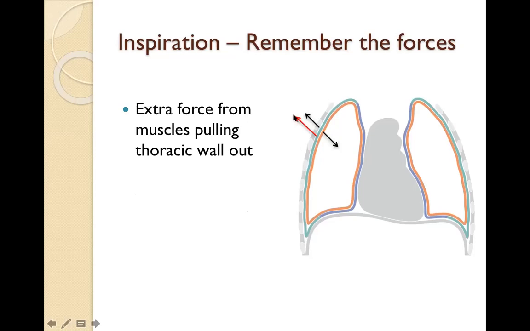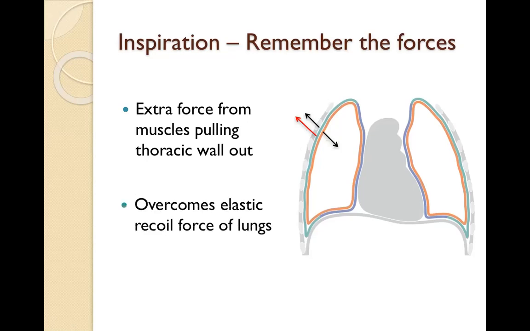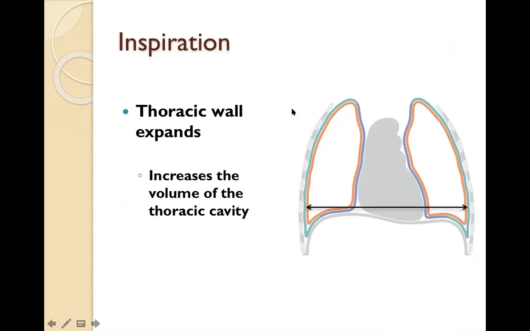And so that thoracic wall now overcomes the elastic recoil of the lungs, and it will allow for the movement of the thoracic wall outward. And when the thoracic wall expands outward, it has now effectively increased the volume. The total volume of our intrathoracic cavity has now increased.